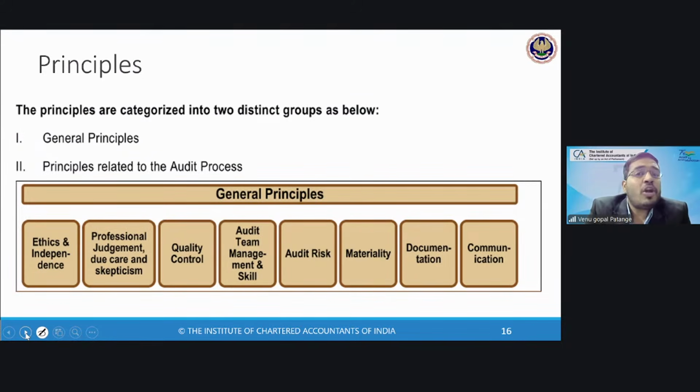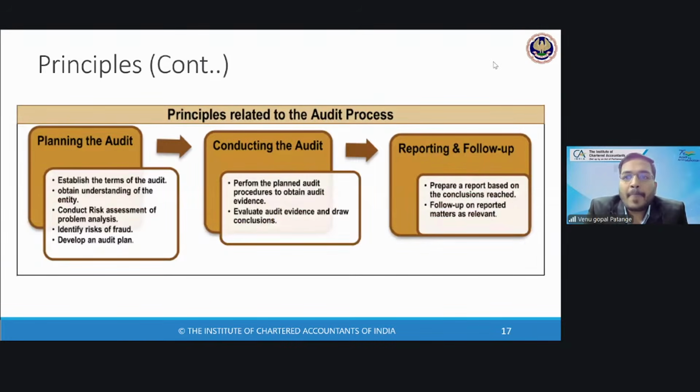Next, principles related to audit process. Everyone is clear, right? General principles, anything new here for you? Next, we have principles related to audit process. You are also pretty much aware of this. Just have a single reading.